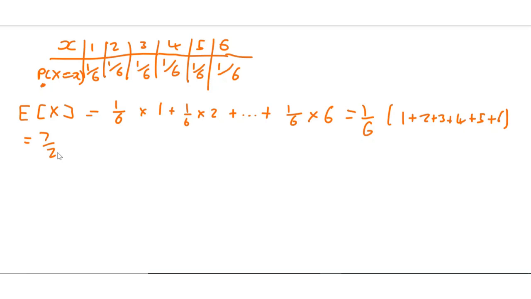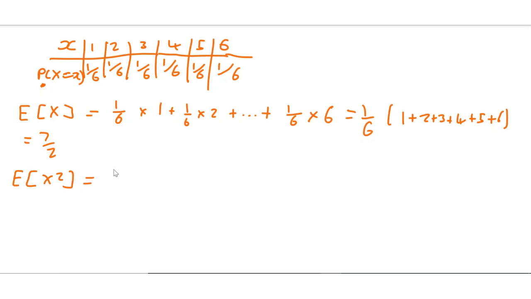So we know our variance formula is the expectation of X squared minus the expectation of X, all squared. So we need to find the expectation of X squared.